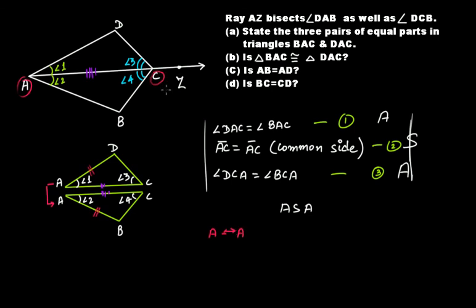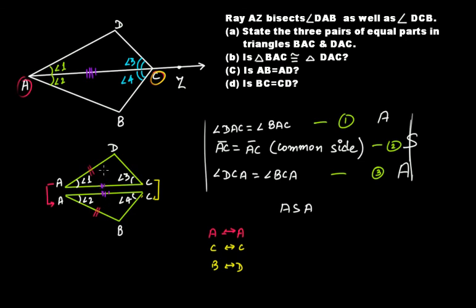From here, C is common. So from this one, you will say that these two are corresponding vertices. Therefore, yes, D and B are corresponding vertices. Right. Okay. And why is it important? It's important because we now know that, yes, these two triangles are congruent.